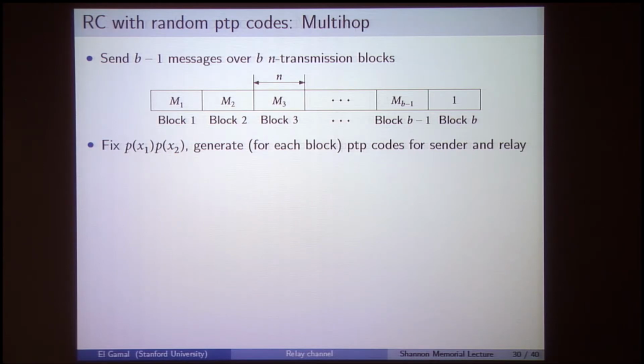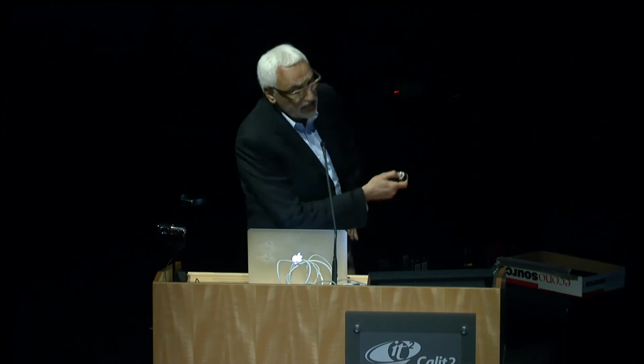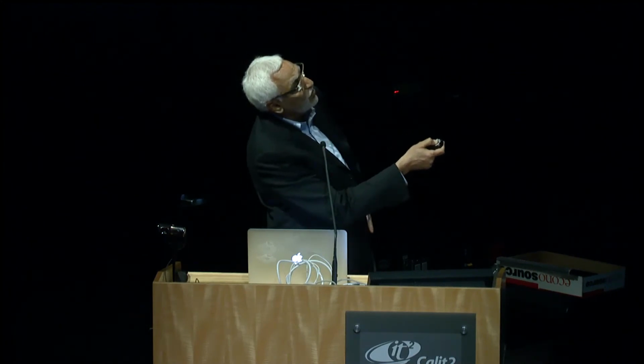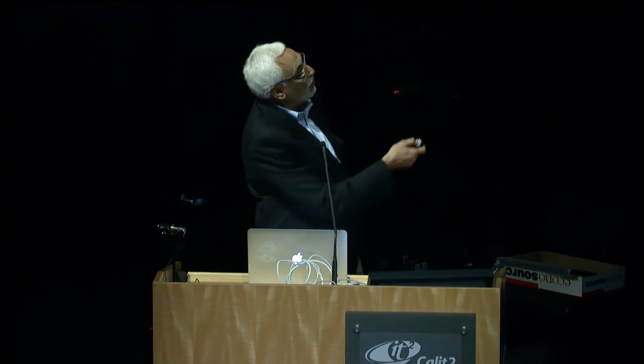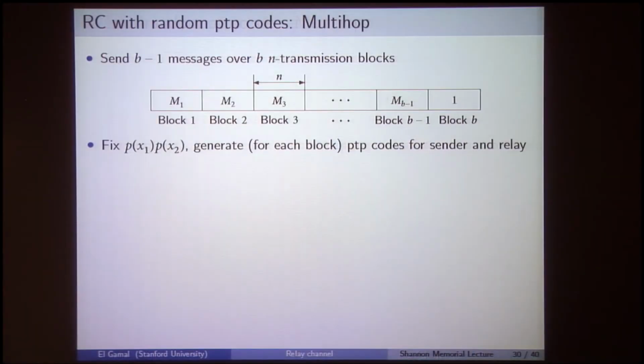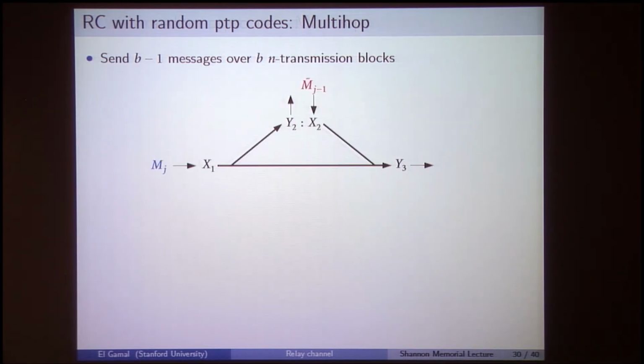This is like your grandfather's communication system. So we're going to send B-1 messages over B transmission blocks. And for every block, we're going to generate two point-to-point codes, one for the sender and one for the relay. Now, during block j, the sender sends the code word for message Mj, and the relay sends the code word for the previous message which it recovered last time.